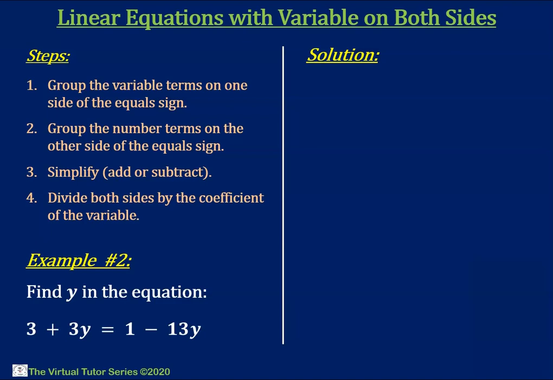We are given the equation 3 plus 3y is equal to 1 minus 13y. Let's group like terms by adding 13y to both sides and subtracting 3 from both sides.